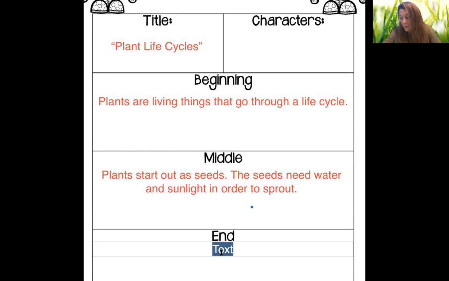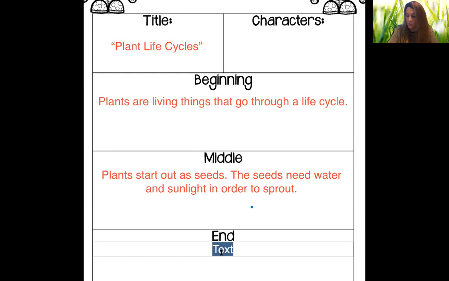Okay, so many plants grow flowers, and then a lot of times those flowers turn into fruit, which has seeds. Not all the time, but a lot of times that's what the passage says, that those flowers turn into fruit, which has the seeds. And then what do the seeds from the fruit do? Yeah, they end up and turn into the same plant as the parent plant that grew the fruit.